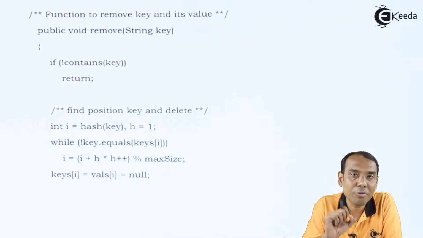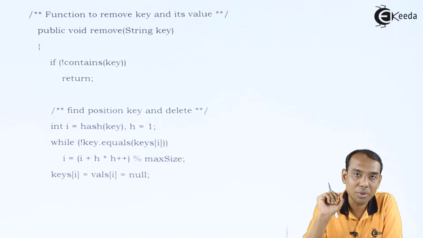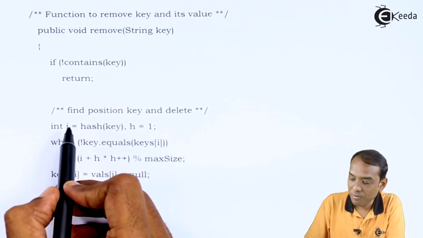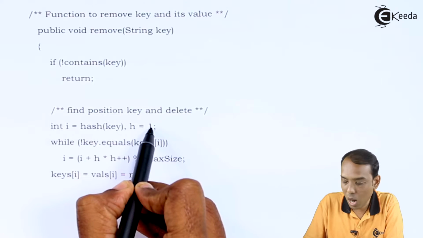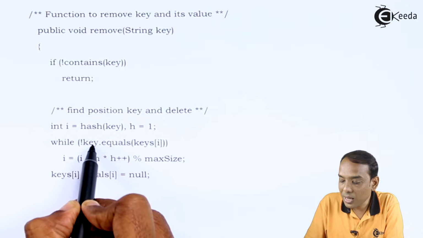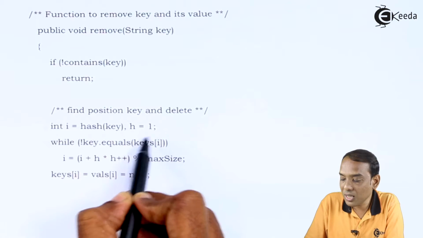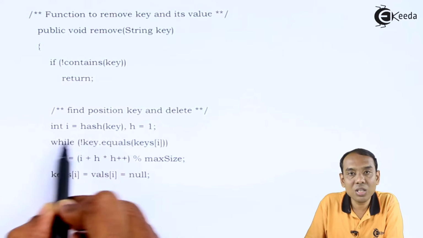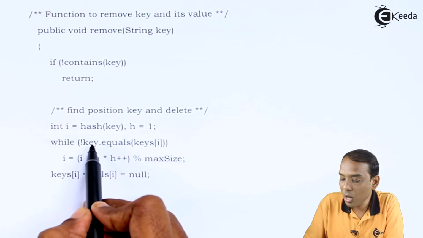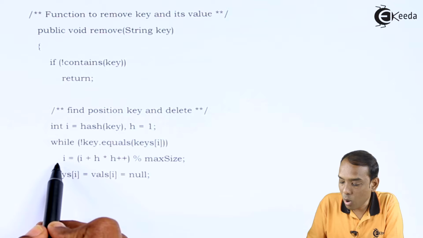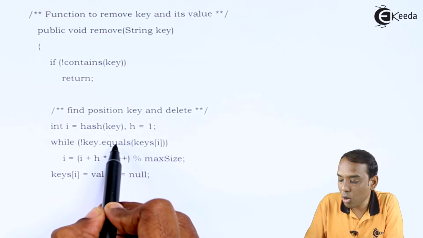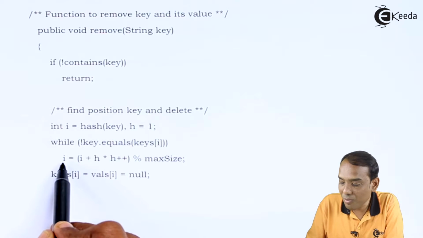It is very important to find out the keys in a given hash table. Let us look at the condition. We have int i = hash(key) and h = 1. Then while key.equals(keys[i]) is not true, that means this is not found. We write down while not key.equals(keys[i]), we have the value of i.